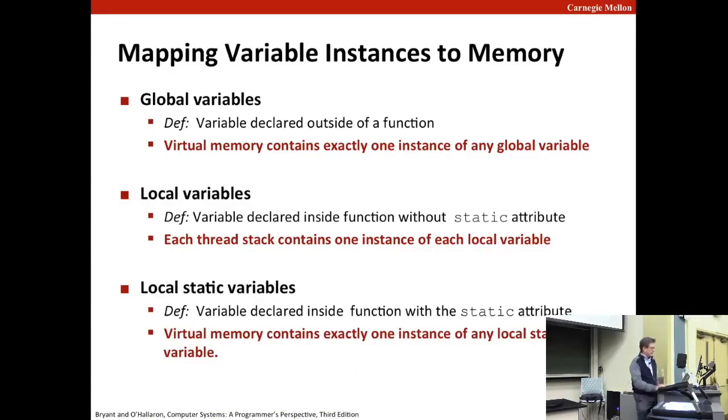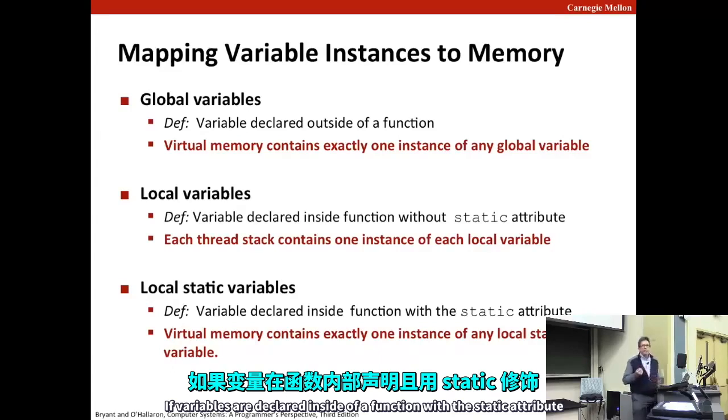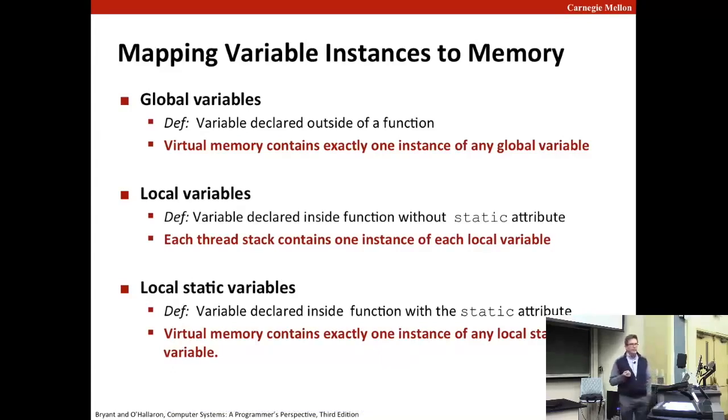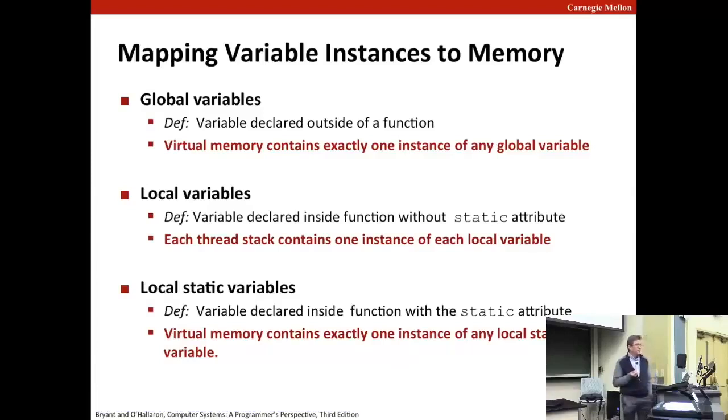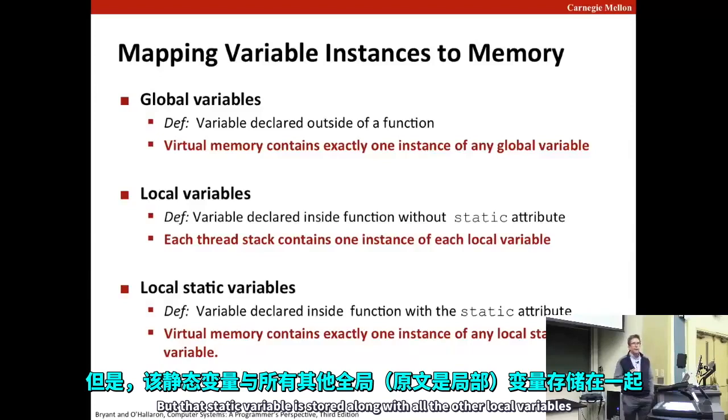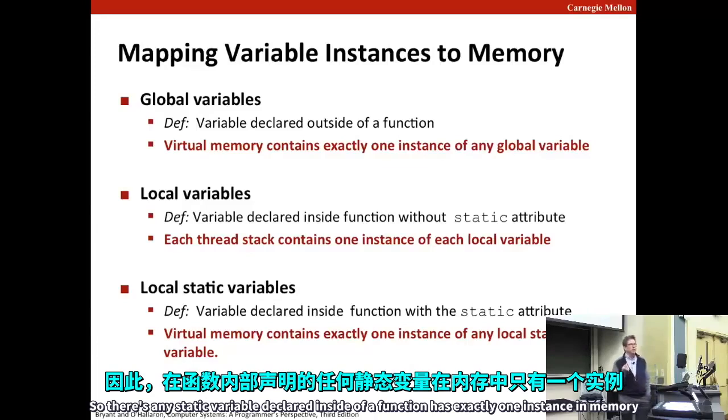Now, if variables are declared inside of a function with the static attribute, then the scope of that variable is limited to that function, meaning no other function can access it. But that static variable is stored along with all the other global variables. So any static variable declared inside of a function has exactly one instance in memory.